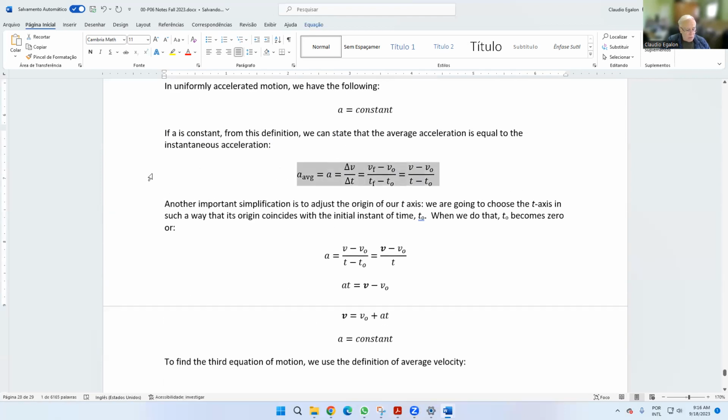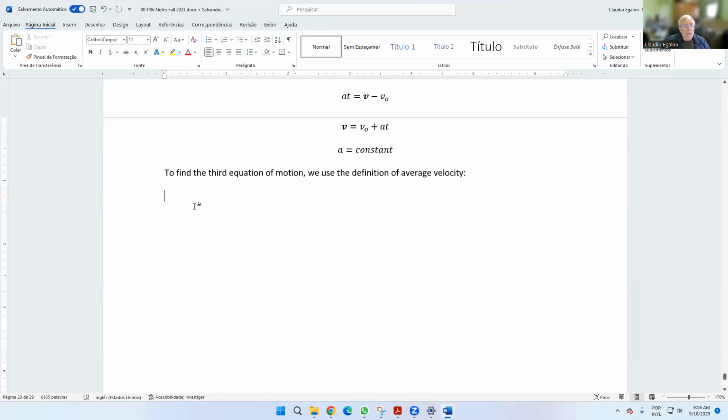I'm going to copy that here because the equation for average velocity is very similar to the equation for average acceleration. The only difference is that the velocity is changing in time, and we cannot say that the average velocity is equal to the instantaneous velocity.